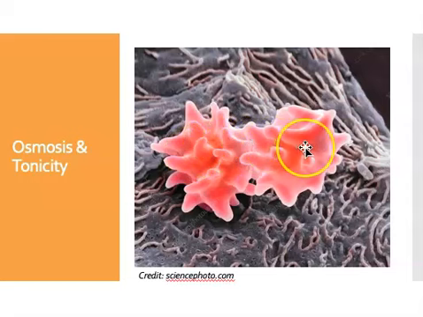These cells were in a situation where there was a high concentration of some molecule outside of the cell compared to the inside of the cell. The molecule, in other words, had a concentration gradient and was not able to resolve that gradient.